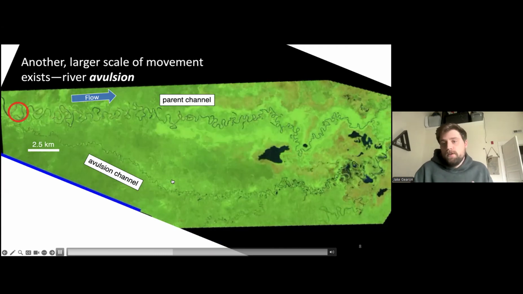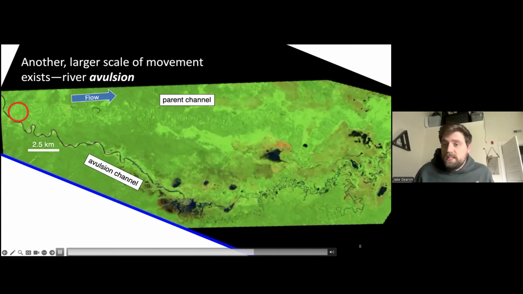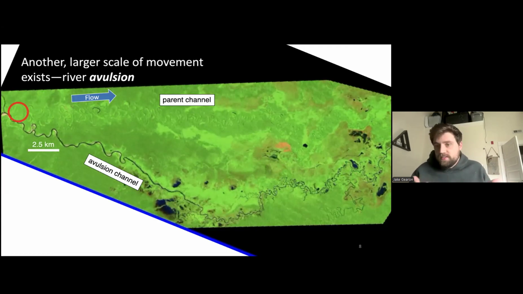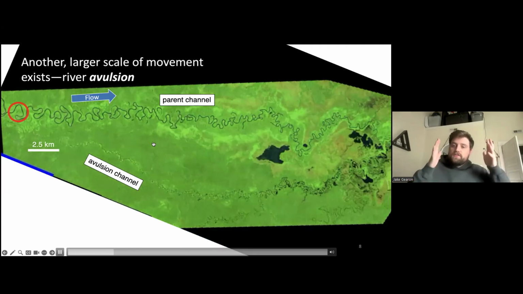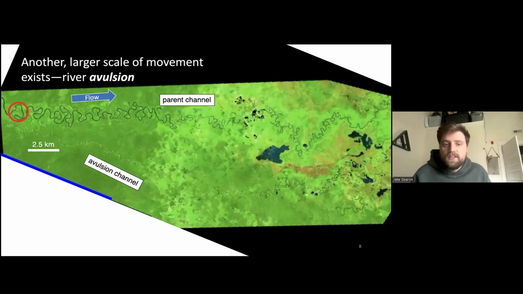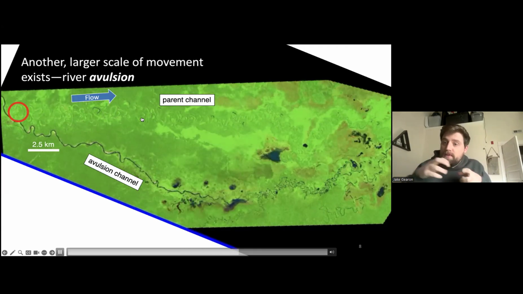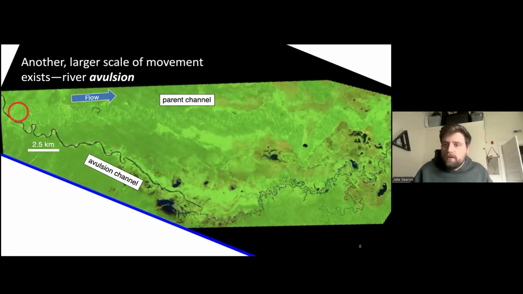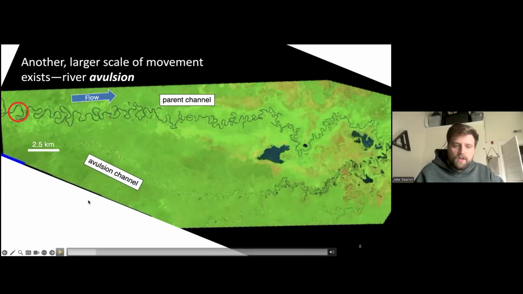And you can imagine if you were living in this area to the south, this would be a big problem. Of course, this is a little bit more remote, but that's what an avulsion is, right? It's escaping the channel belt entirely. In the north, on this parent channel, you can see we have that meandering channel belt. But this is jumping outside of that, and that is a fundamentally different process.